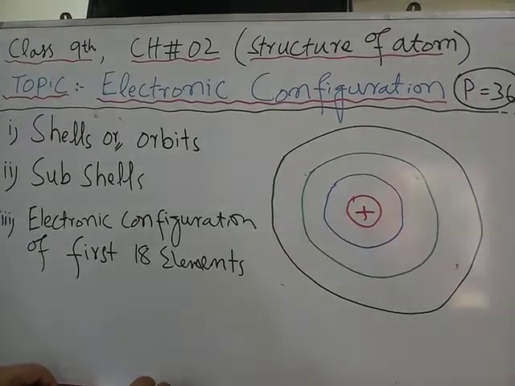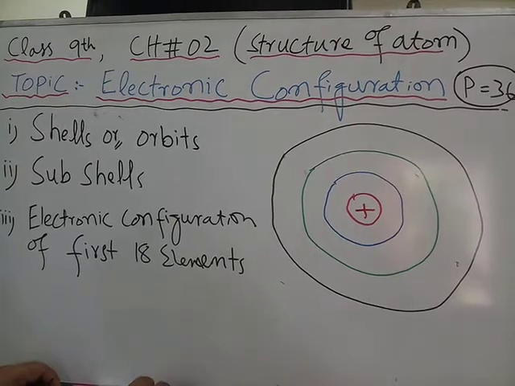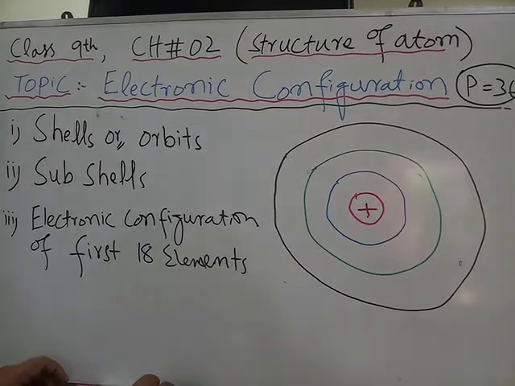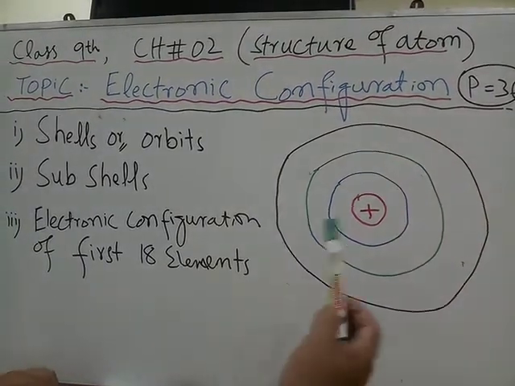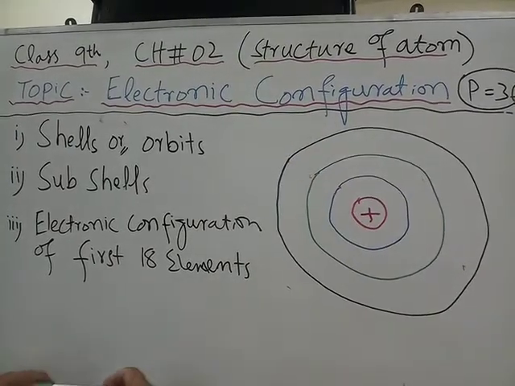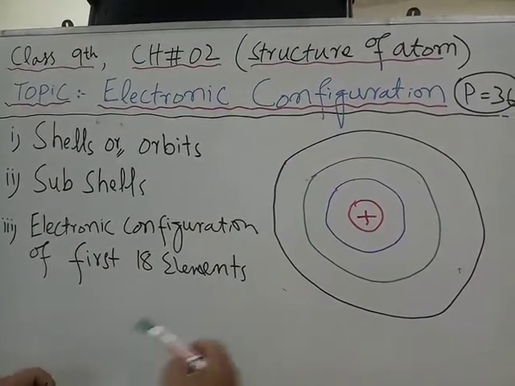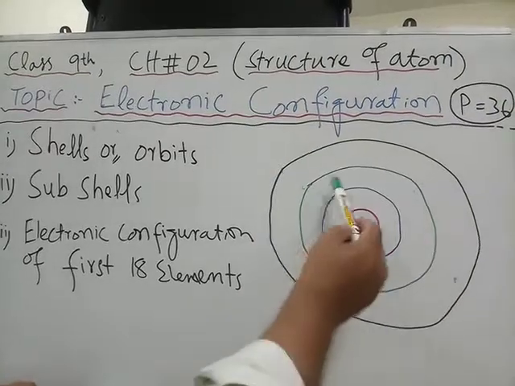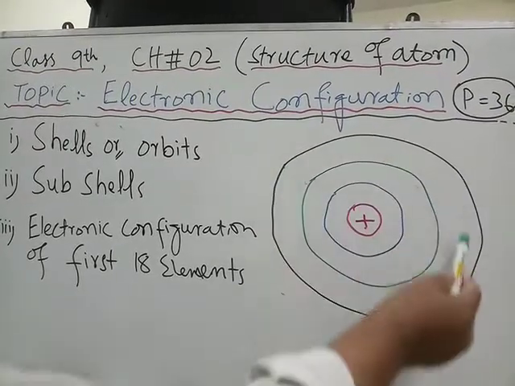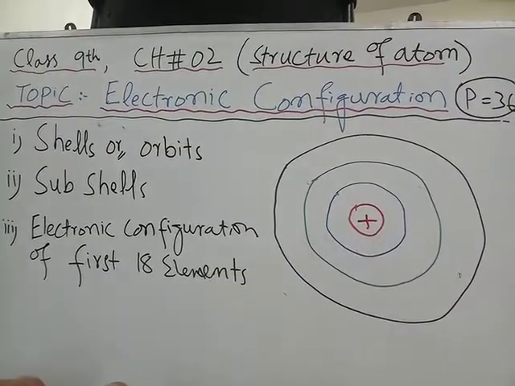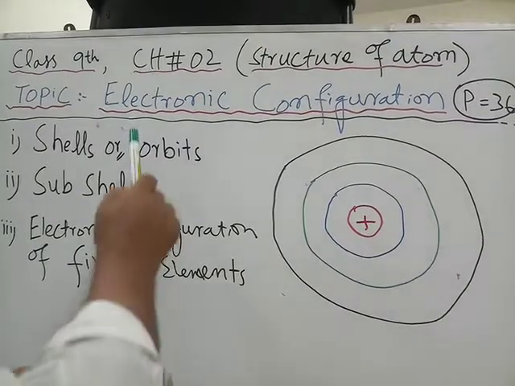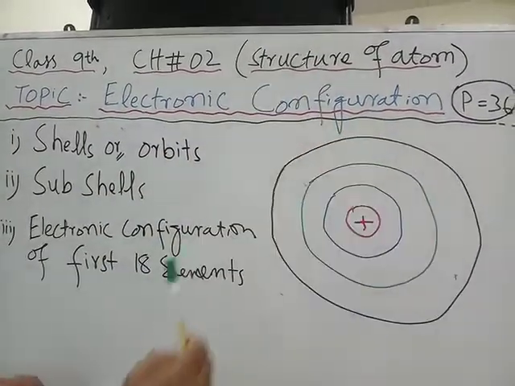Matter is composed of atoms. Atoms have a central part which is called the nucleus, and also have shells where electrons are present. So this is the main topic, electronic configuration.